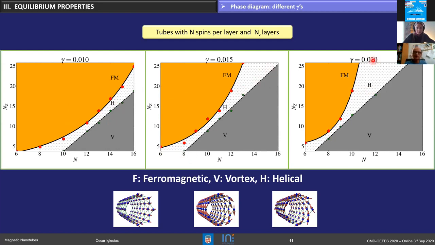And we see that as we increase the dipolar interaction, the vortex are favored, whereas when ferromagnetism dominates, this area extends to much wider areas of the phase diagram. And in between, there's an area for all lengths and diameters of the tube in which these helicoidal states are stable.